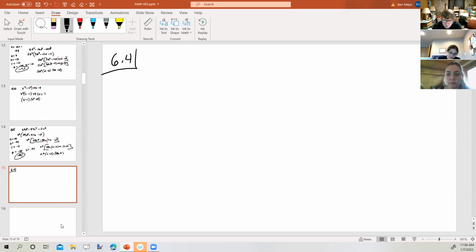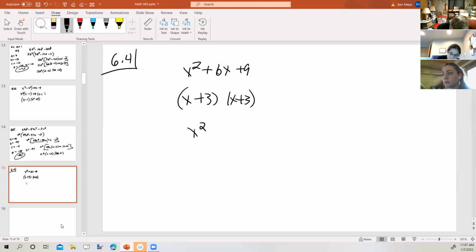Now, a perfect square is a number that has two identical factors. So for instance, x squared plus 6x plus 9 is x plus 3 times x plus 3, or x plus 3, the quantity squared.